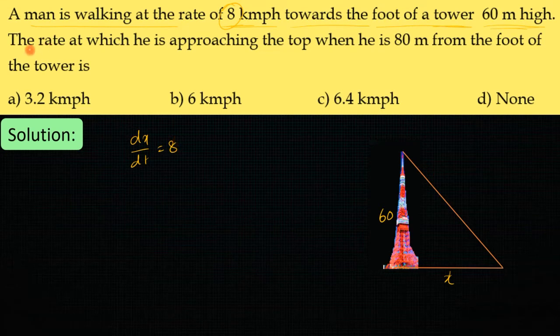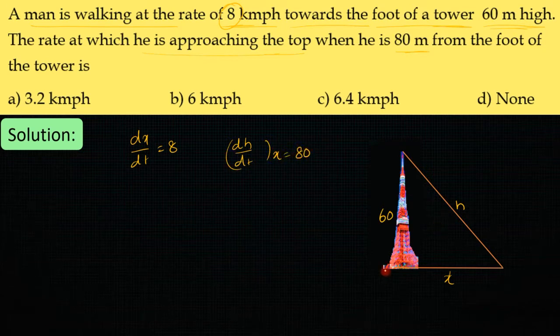Now we have to find the rate at which he is approaching the top. The man is approaching the top in this direction. Let it be h. When he is 80 meters from the foot of the tower, that is, we have to find dh by dt at x equal to 80.